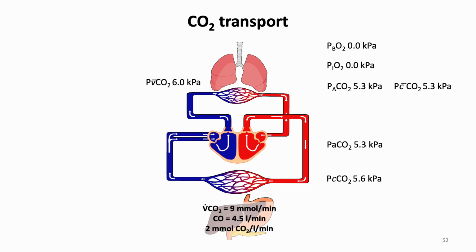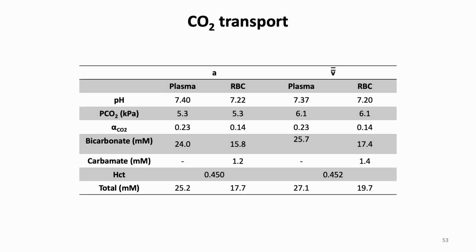I provide the reference at the end of this session for you. I've used these values for plasma levels and red blood cells: values of the partial pressure of CO2, the solubility of CO2, bicarbonate concentrations, carbamate, and also taking changes in hematocrit into account.